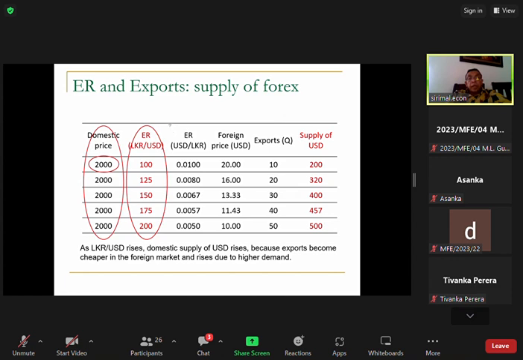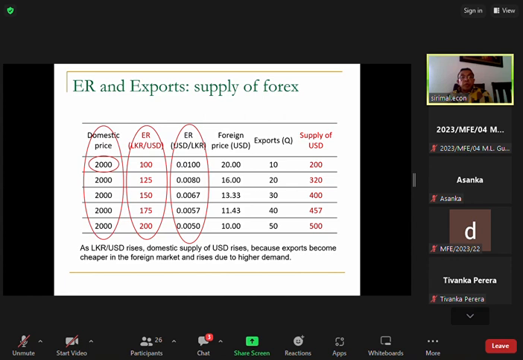Now I have added an additional column here. That is the inverse of the exchange rate: rupees per dollar and dollars per rupee. Why did I do that? Because I want to look at the export from the importer's point of view. We send export tea to the European market, so European buyers look at it from their point of view as importing from Sri Lanka.